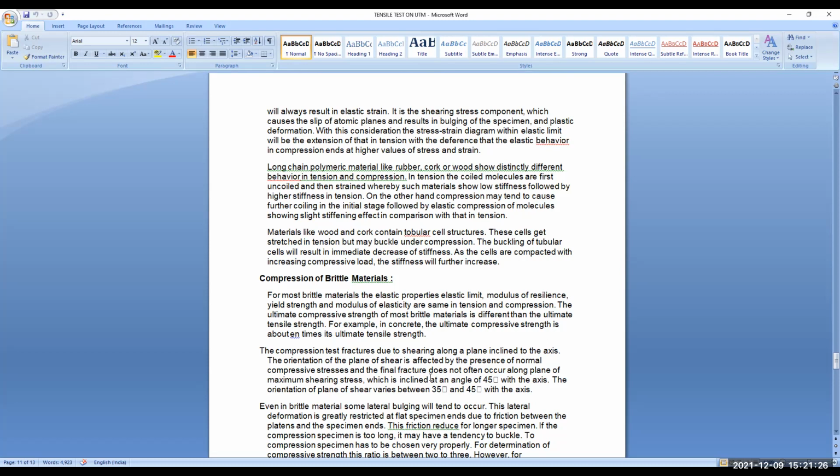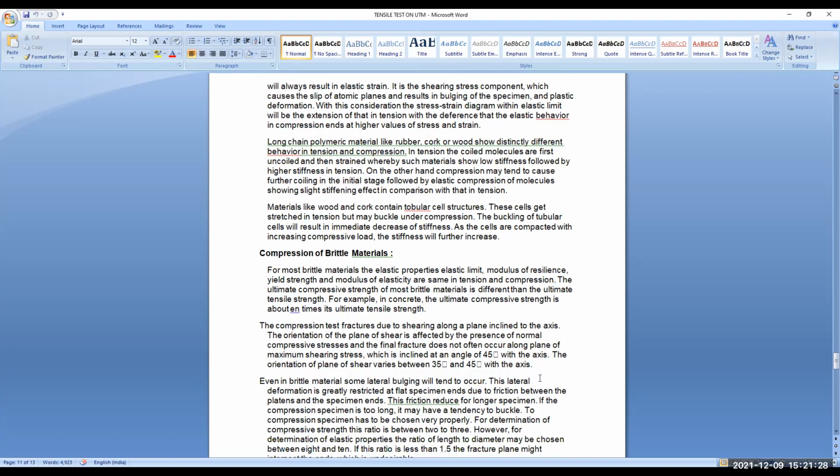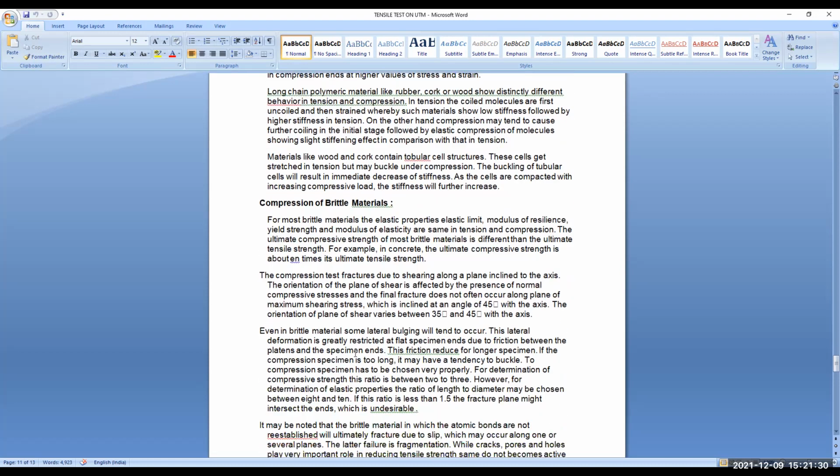Even in brittle material, some lateral bulging will tend to occur. The lateral deformation gets restricted at the ends of the specimen due to friction between the plates and the specimen. Friction reduces for longer specimens. If the compression specimen is too long, it will have a tendency to buckle.